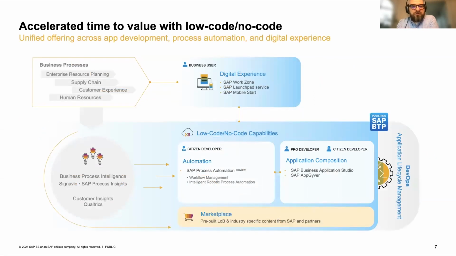When you take a closer look at process automation in a low-code, no-code environment, because you will also see today that what we are doing here has not too much to do with really coding, because we are really providing you an environment which you can use in different scenarios, but also, of course, for different personas, from the pro developer to the, let's say, citizen developer. And therefore, of course, when we take a look, we have on the one hand the area of application composition, we have digital experience with all our UI technologies, and where we will focus today is, of course, the automation area.